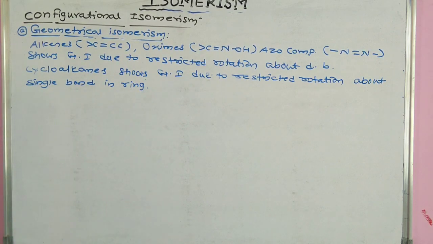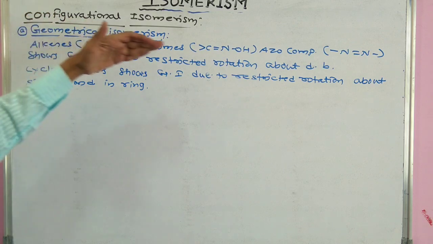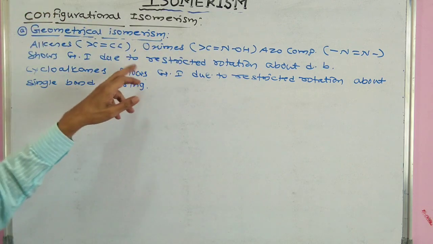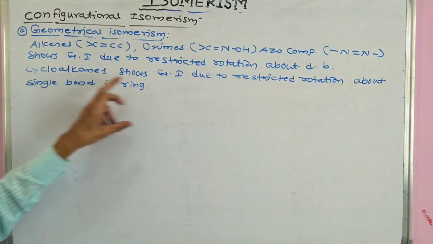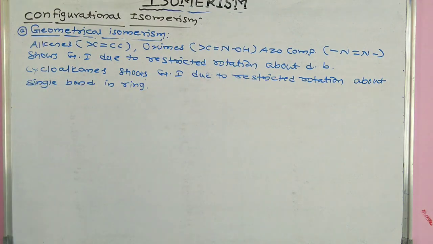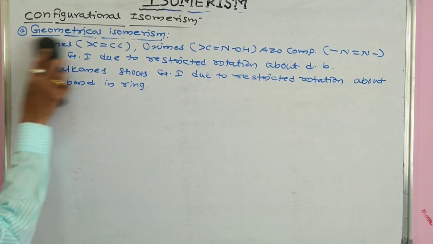So alkenes, oximes and azo compounds show geometrical isomerism due to restricted rotation about the double bond, and cycloalkanes due to restricted rotation about the single bond in the ring.